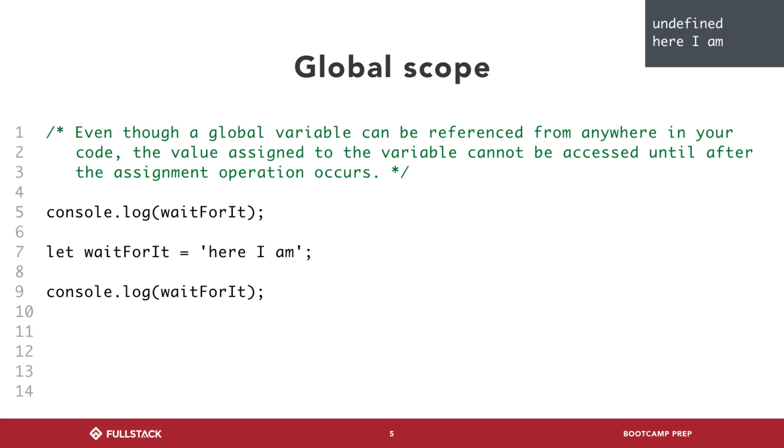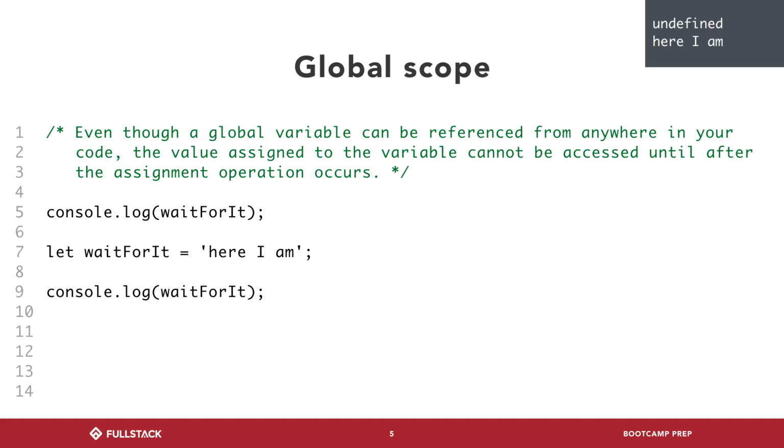If I write lines 5, 7, and 9 in this order, when I first console log out wait for it, I'm going to get back undefined. The reason for that is that before JavaScript actually runs any code on your page, it does one scan through first, and it'll say, okay, what are all the variables that are created in this scope?